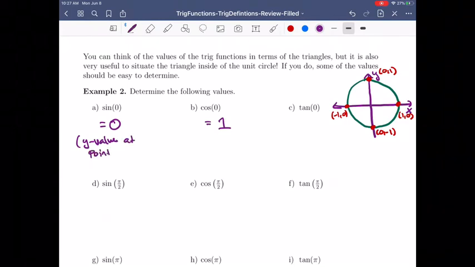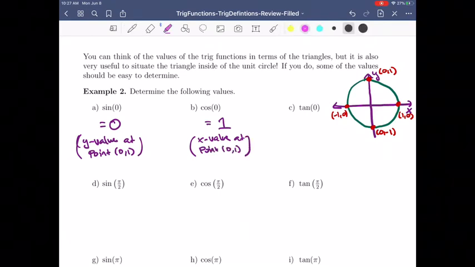Sorry, this point is actually not (0, 1), it's (1, 0). I put it backwards on you. Those ones are easy for the 0.